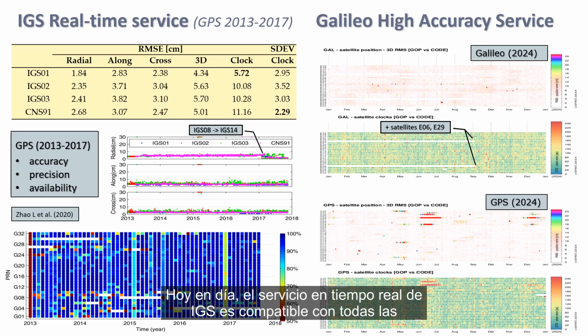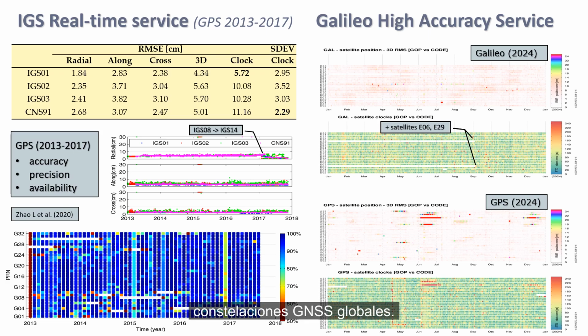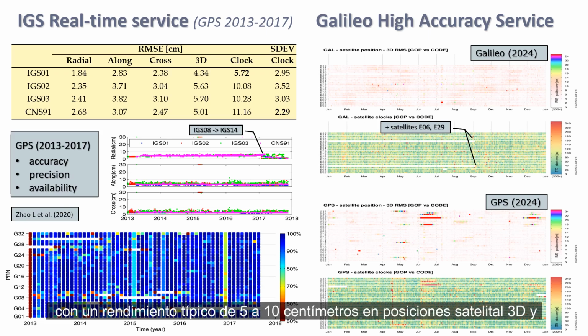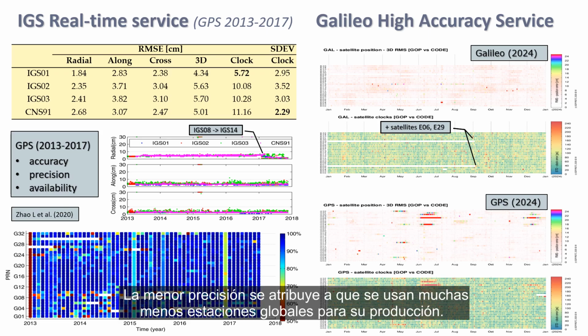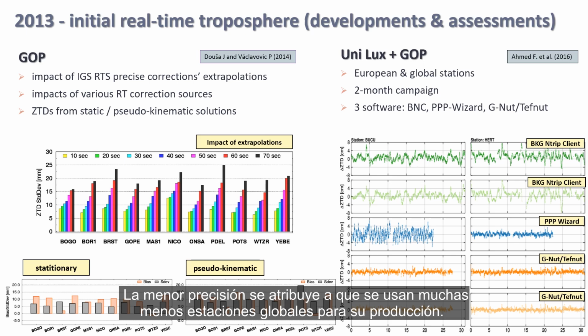Nowadays, IGS real-time service supports all global GNSS constellations, while Galileo High Accuracy Service only Galileo and GPS systems, with a typical performance of 5 to 10 cm in 3D satellite positions and 10 to 20 cm for clock corrections. Such a lower accuracy, compared to the IGS real-time service, is attributed to fewer global stations used for the product generation.